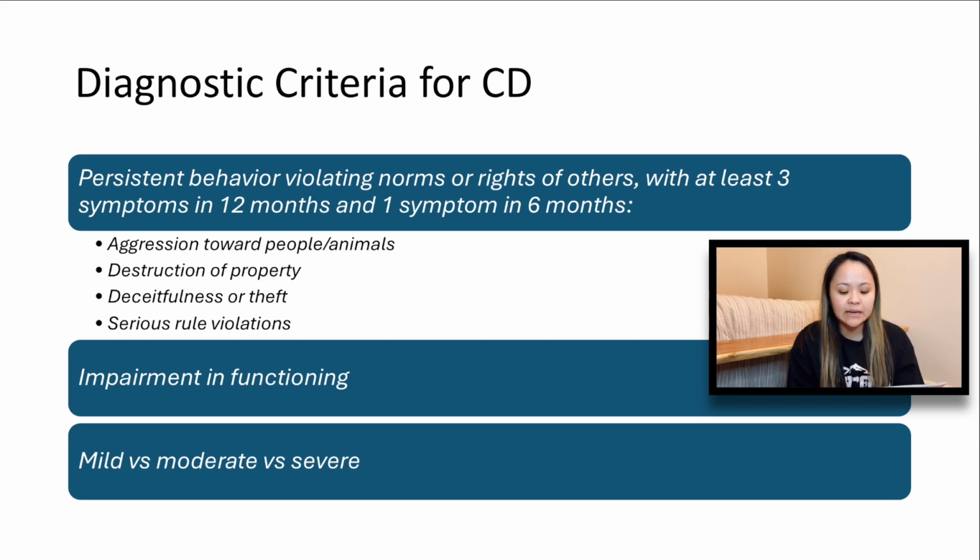Moderate, on the other hand, is a number of conduct problems with effects on others that are intermediate, whereas severe is when you have many conduct problems in excess and it causes harm to others. So anything physical, like getting into physical fights, using weapons. And again, this doesn't just mean harm to humans. This could also be harm to animals. That's how some adolescents or children can show symptoms of conduct disorder.